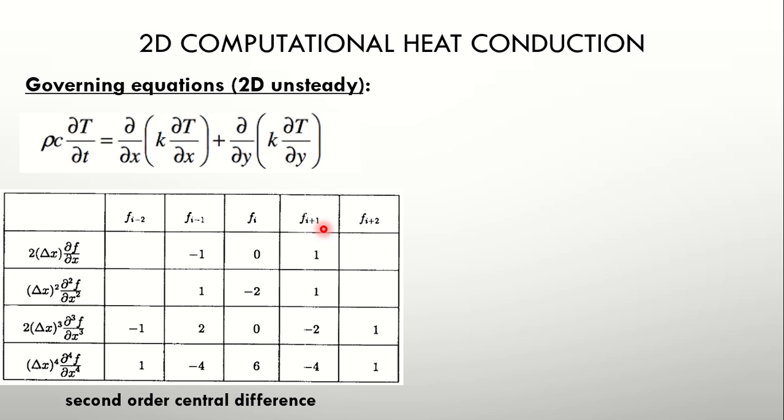So for example, if you are at the nth time step calculating at the n plus 1th time step, then you have to go to t at n plus 2 minus t at n divided by 2 times delta t. You can do that, but the problem is you don't know the value of temperature at n plus 2. That's the main problem here.